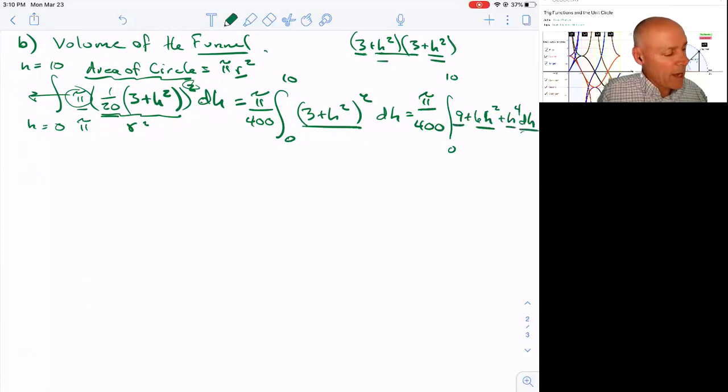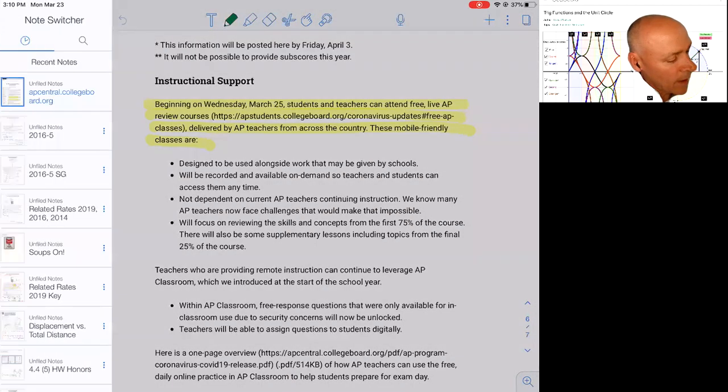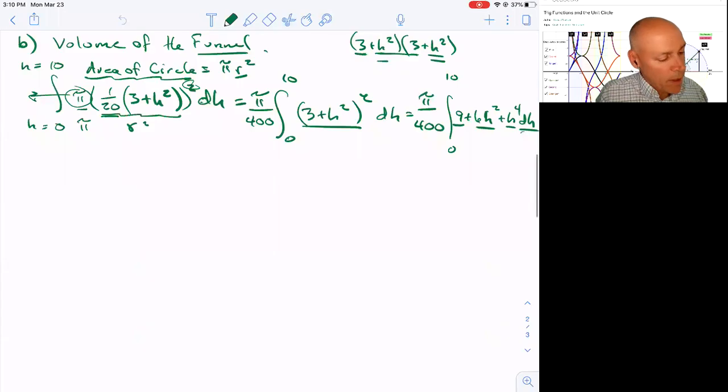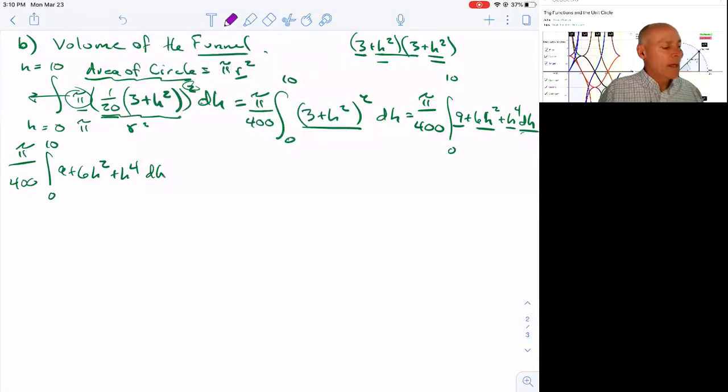All right. So now I'm just going to rewrite that, because I love to rewrite stuff. So I have pi over 400, definite integral from 0 to 10, 9 plus 6h squared plus h to the 4th dh, and I'm off to the races.